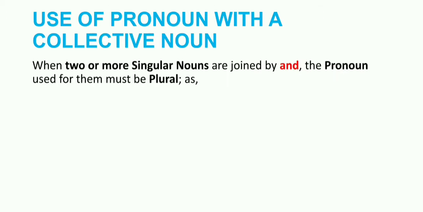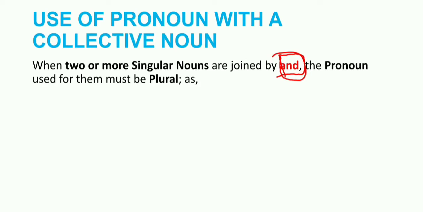Now the next usage is: when two or more singular nouns are joined by and, the pronoun used for them must be plural. This is general, and in subject-verb agreement we will discuss this again. So when two or more singular nouns are joined by the word and, the pronoun will be used in the plural.